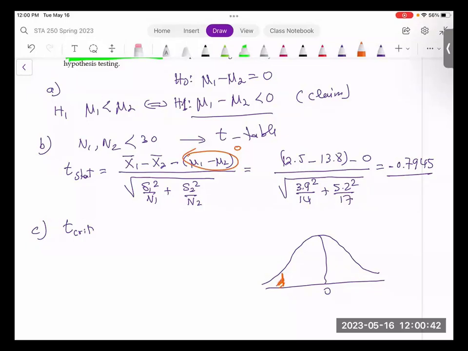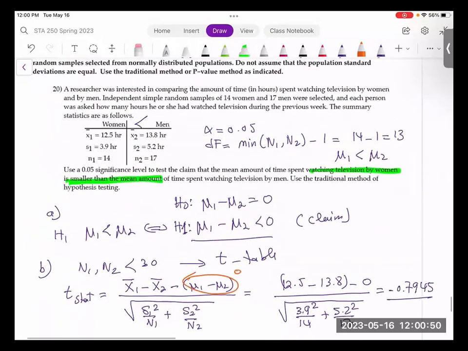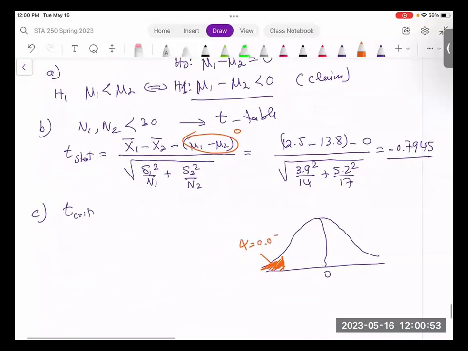I'm going left. That's less. Less goes to the left, right? So this is going to be the totality of the alpha, which is 0.05. And this is going to be the threshold where you're going to reject, right?